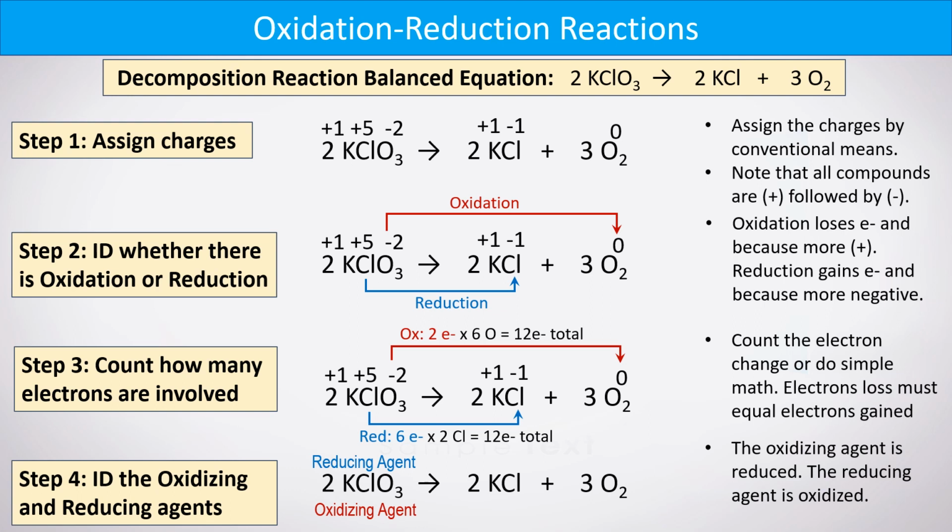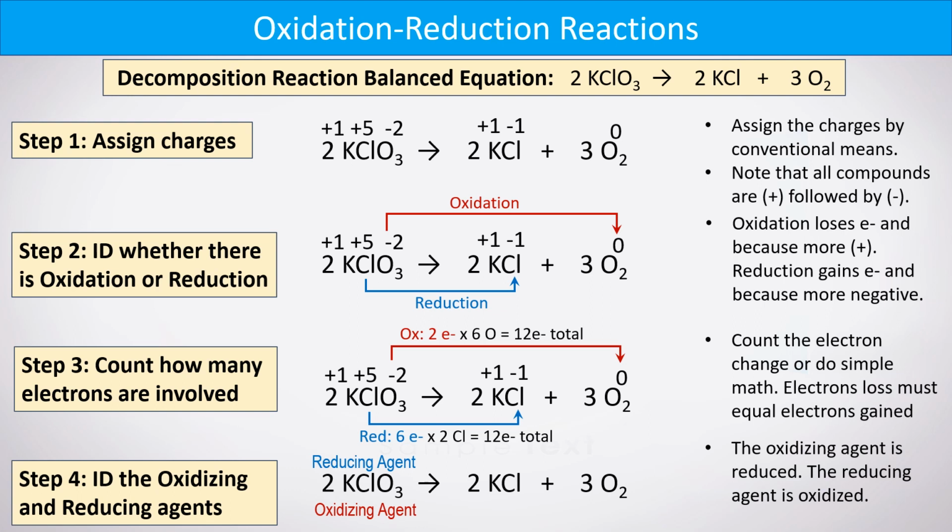If we identify the oxidizing agent, in this case KClO3 is the reducing agent, we note here that oxygen in the KClO3 was oxidized, therefore it is the reducing agent.